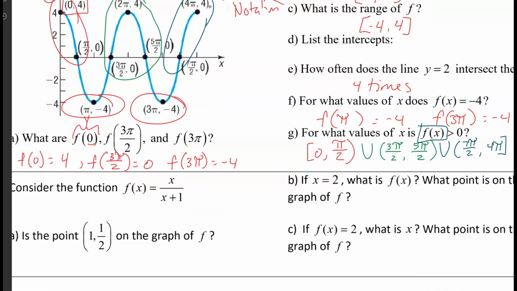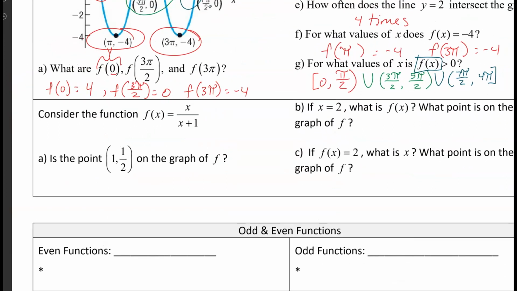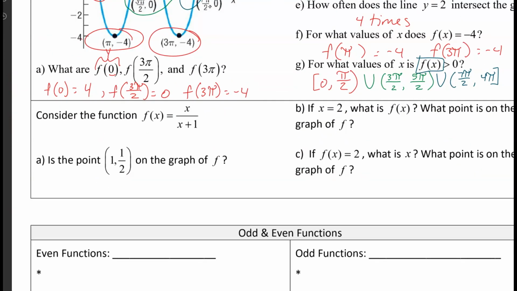All right. Moving on to the next section. It says consider the function f of x is equal to x over x plus 1. This is a rational function. We had a whole unit on it, 2 units on it last year. And then it asks, is the point 1 comma 1/2 on the graph of f? Without using our calculator, how would we do this?